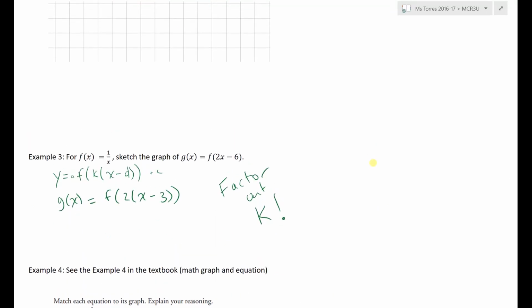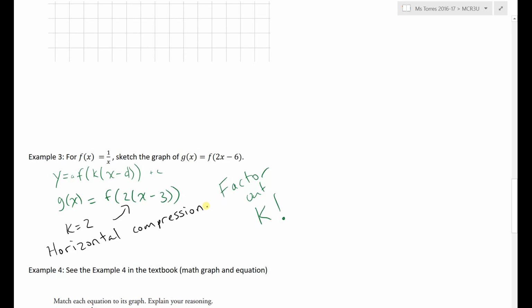So here we have the k value of 2. So k is equal to 2. That means we have a horizontal compression. Remember, the horizontal is always the opposite of what you'd expect. It's the opposite of the vertical.